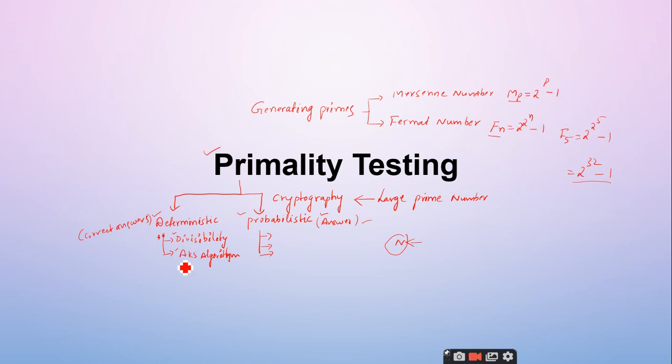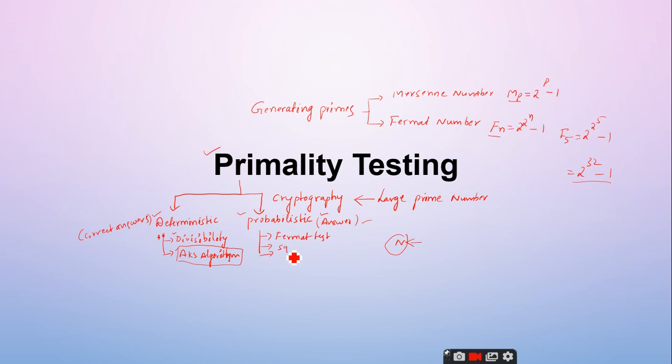Even we don't have the AKS algorithm in our prescribed textbook, so we won't be bothering about it. And coming to the probabilistic algorithms, we will be discussing the Fermat test. This is one algorithm we are going to discuss under this category.